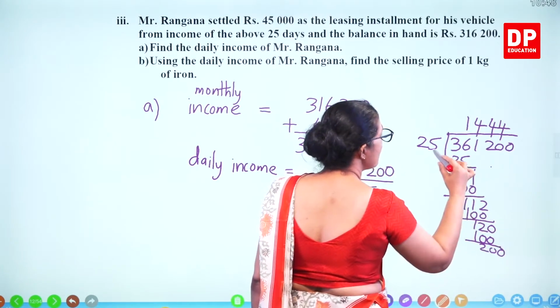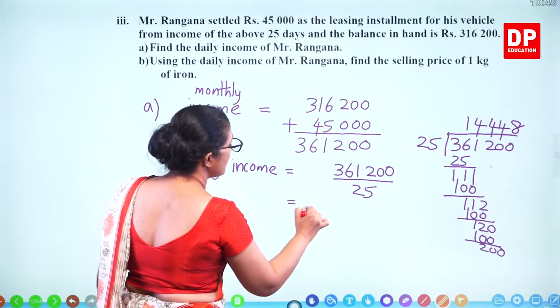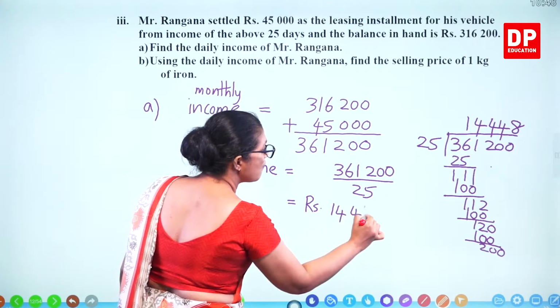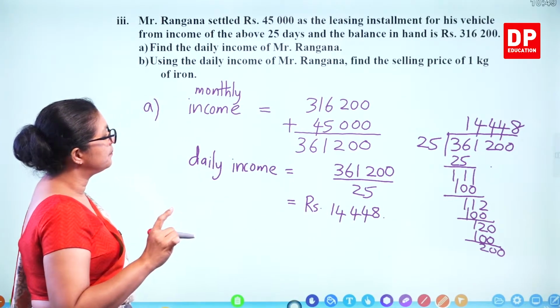Now for 200, that's 8. So you get 14,448 is the daily income.